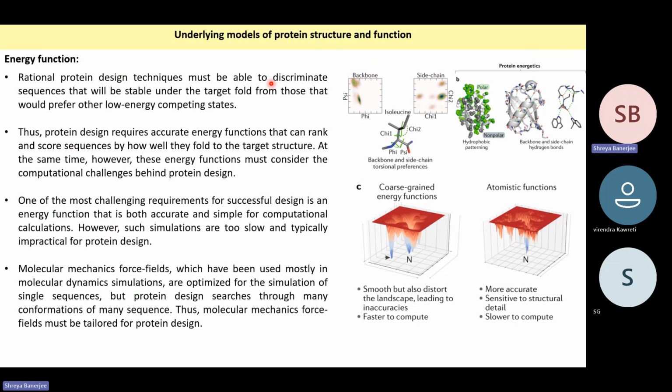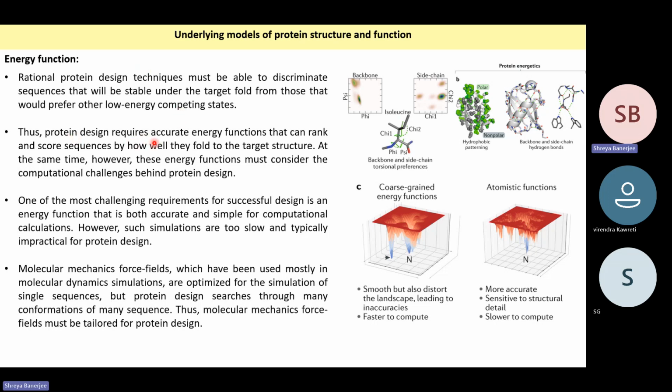But certain sequences may prefer some other structure. The native structure is one of the possible structures, but suppose there is an even lower energy that is possible; that will be a low energy competing state. That is not a good protein, because we want to design a protein which will without any doubt fold into the three-dimensional structure we want. If there are competing three-dimensional structures into which it can fold, then the protein has to be redesigned.